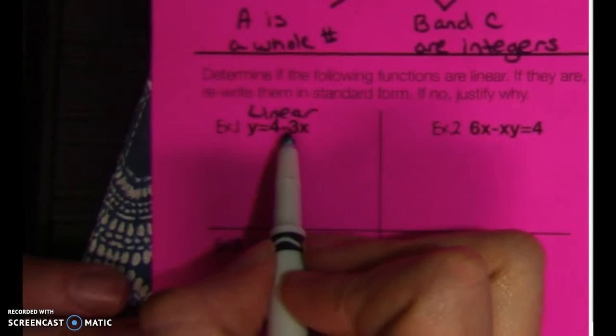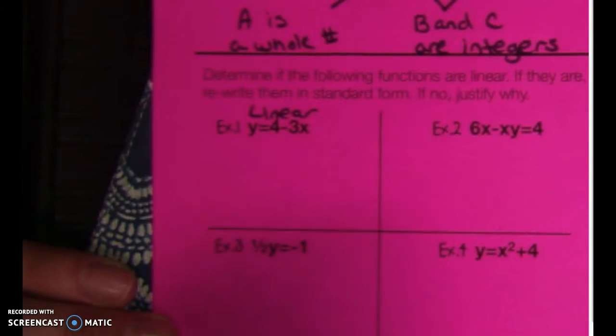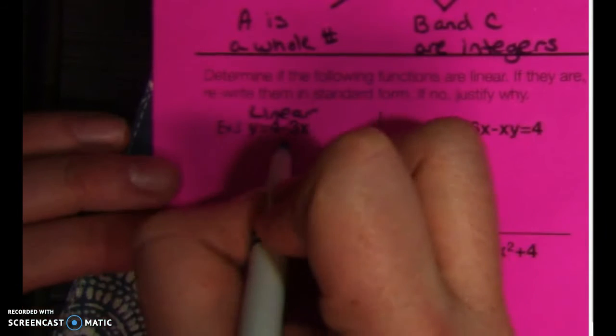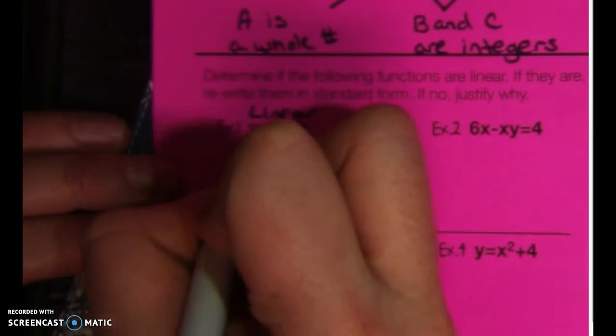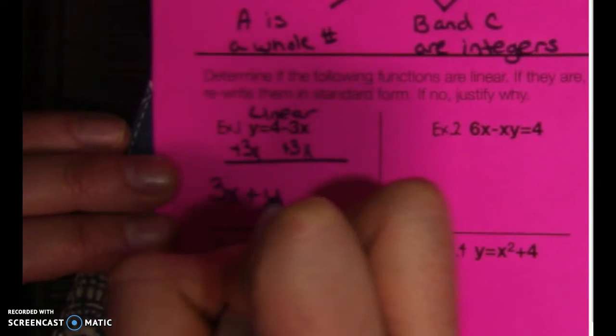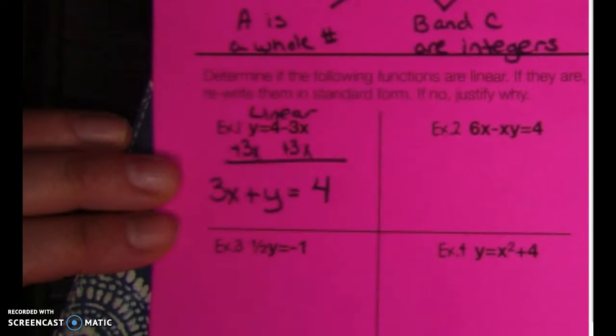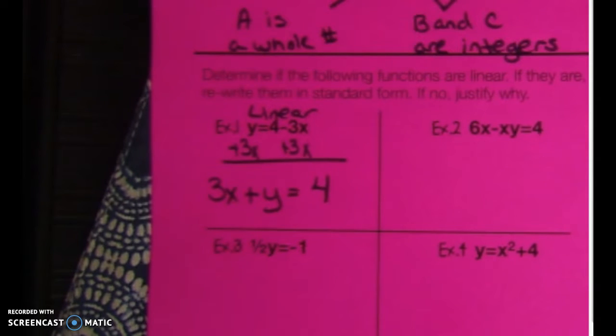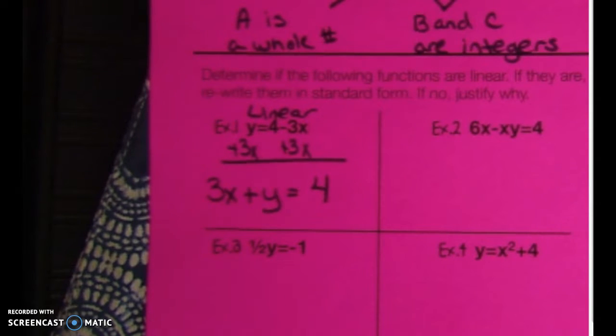Anybody have an idea of how I can tell negative 3x to move on to the other side? What do we think? Plus 3x. Very good, Melina. So in standard form, I'm 3x plus y equals 4. And that's all I have to do. We're not solving anything. Okay? We're just rewriting.